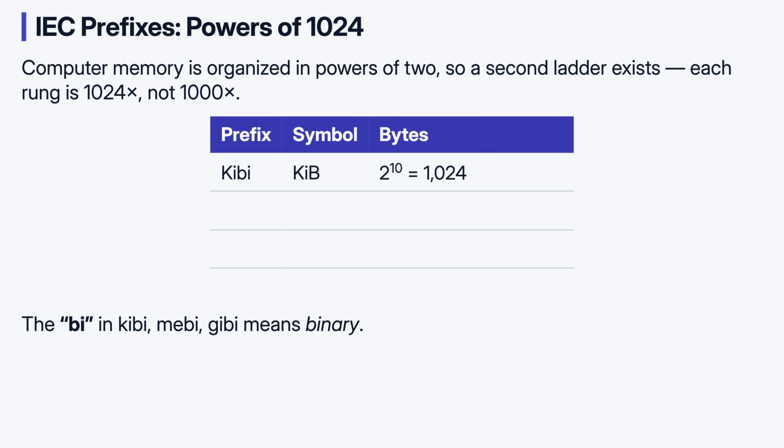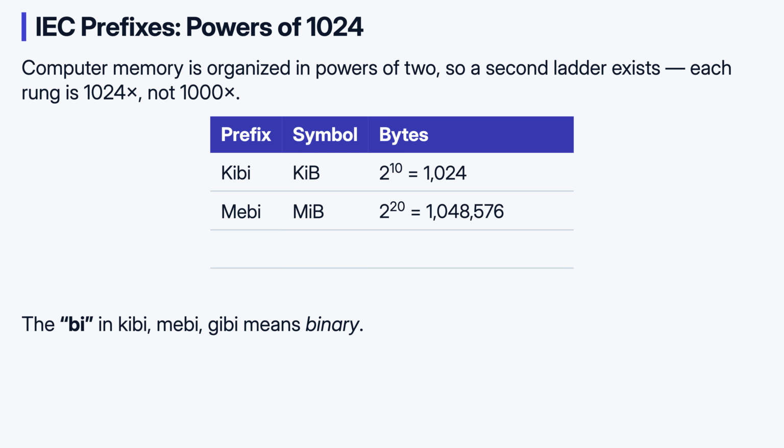This second system is the binary IEC prefixes. Computer memory is organized in powers of 2, and 2 to the 10th, which is 1024, is very close to 1000. So a second ladder exists where each rung is 1024 times the last. A kibibyte is 1024 bytes.